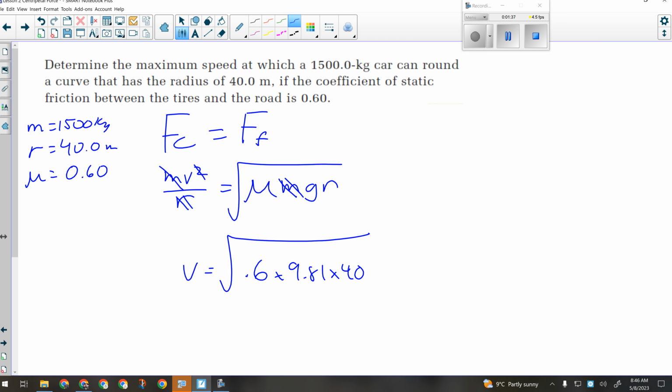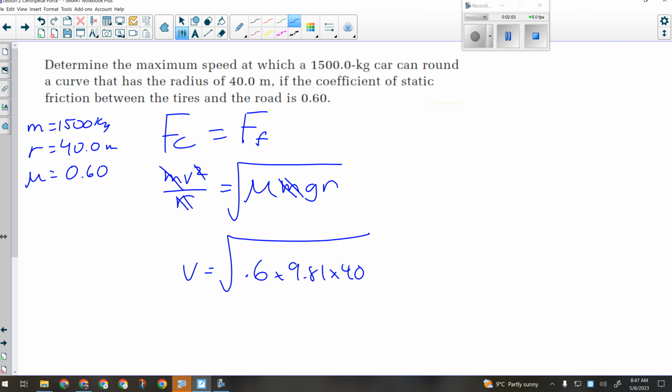Now, on a question like this, what will sometimes happen is, if I had, let's just say, that instead of the significant digits I have here, all these other ones had more significant digits than 1,500, I'd have people that would give me 4 significant digits. Does the 1,500 count in this question? No, because mass canceled out.